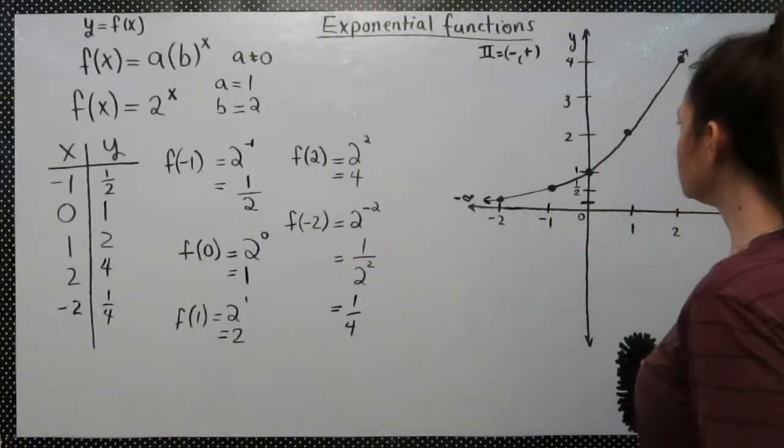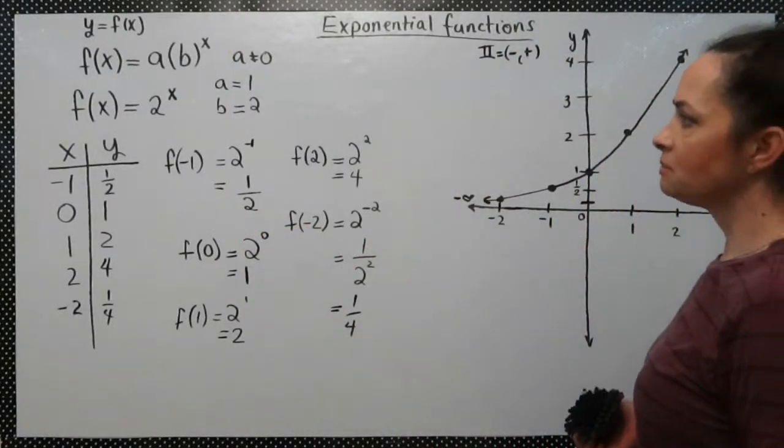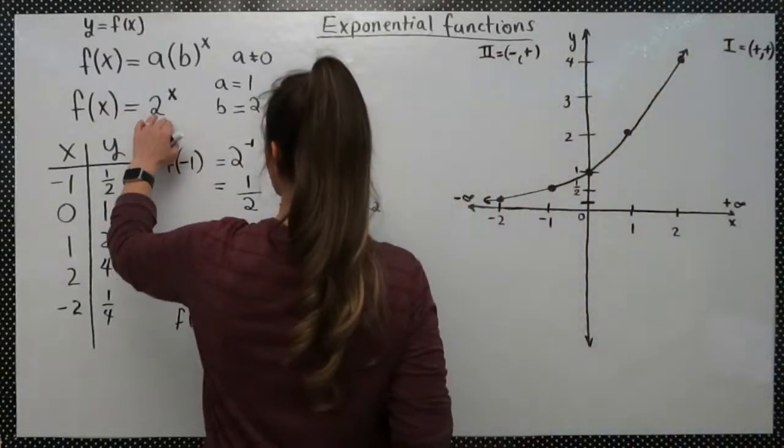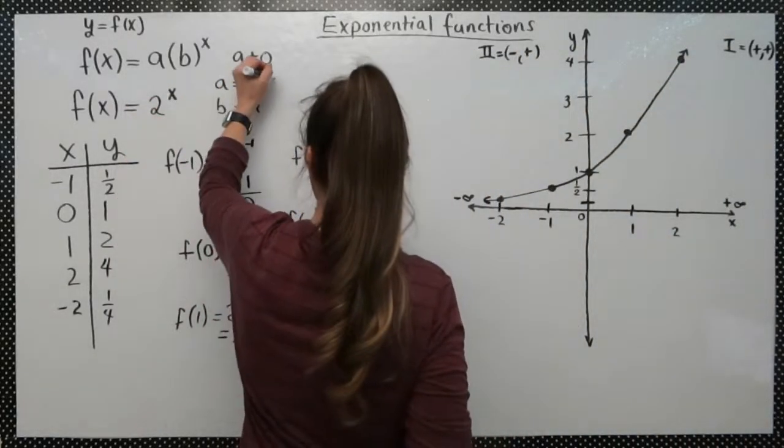So what I want to show is what happens because we have a situation here where our base is greater than 0.